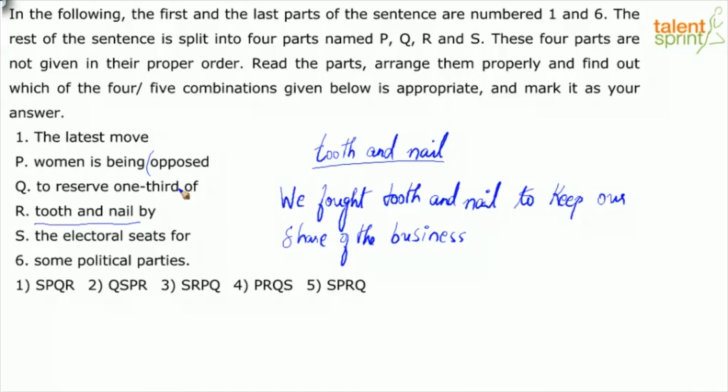So the latest move to reserve 1/3 of the electoral seats for women is being opposed by whom? And how is it being opposed? Tooth and nail. So this expression tooth and nail, you can directly link it to P, which means R has to follow P. And then I look at the options and see which option gives me that R following P. I have option 2 and I have 4 and 5.